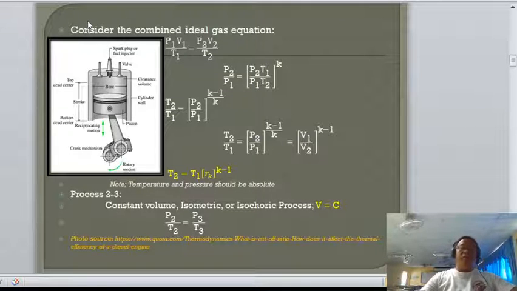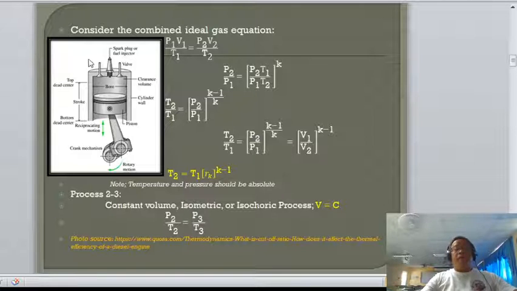Getting now the value of V sub 1 over V sub 2, that is P sub 2 over P sub 1 times T sub 1 over T sub 2, and then substituting from the original equation, and getting the ratio of T sub 2 and T sub 1, that is T sub 2 over T sub 1 equals P sub 2 over P sub 1 raised to K minus 1 over K.